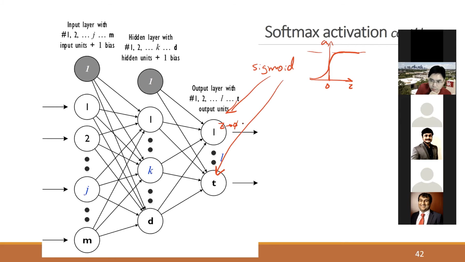Let's say for one example, you have an activated value of 0.9. In the case of credit card default, this is predicting no default. So this output node is predicting a label of y equals 0. And the second output unit is predicting a label of y equals 1.